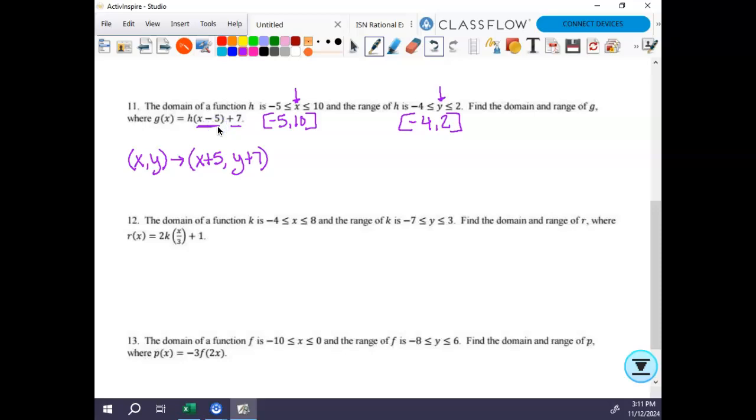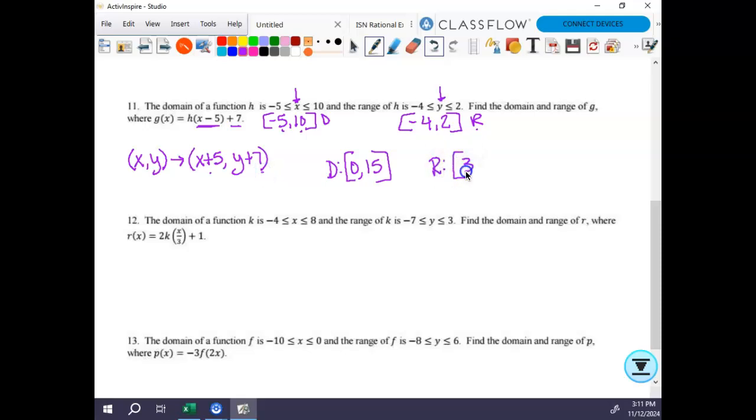So then for the domain, because this is my domain, this is my range, my new domain, I just take these 2 and add 5 to both. So -5 plus 5 is 0, and 10 plus 5 is 15. Just moved it over to the right 5. My range, I'm just going to add 7 to both of these.